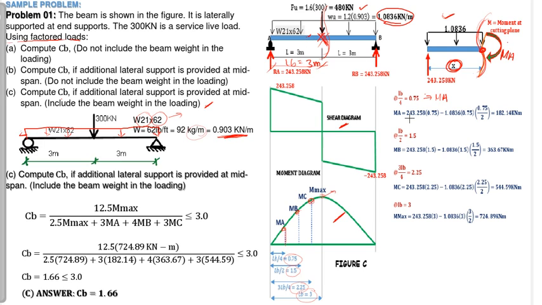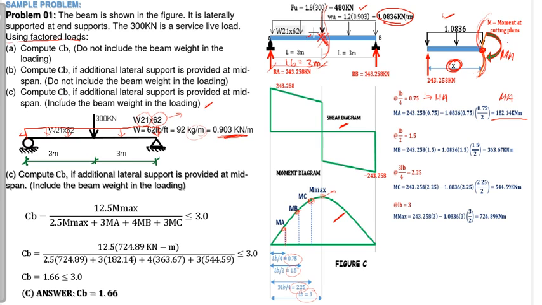So, 243.258 times 0.75 minus, so minus, that is against the direction nitong reaction natin, 1.0836 times 0.5 times 0.5 over 2. Kasi nag-moment tayo dito. Ang sagot natin is 182.14. So, ito yun na yung magiging MA natin. Okay, so for MB, the same.